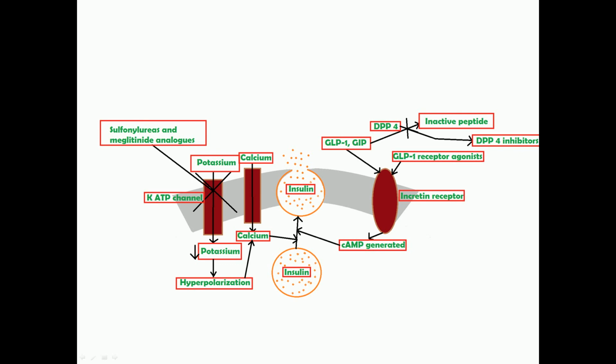This will inhibit the DPP-4, so the GLP-1 and GIP are not degraded. What we need to know is that GLP-1 receptor agonists and DPP-4 inhibitors are given together for their action to be exerted. A better outcome is obtained when they are given together.